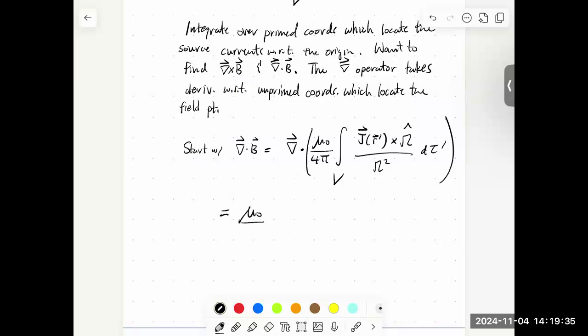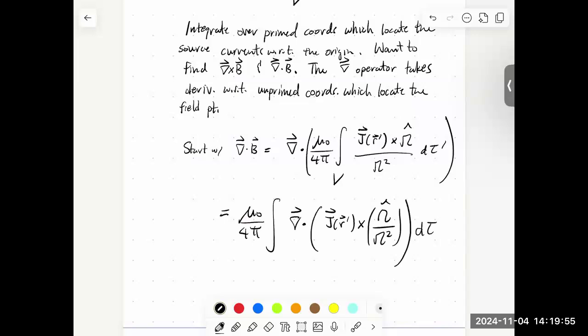This is going to be mu naught over 4 pi, the integral of the divergence of, and let me write it this way, J of r prime, cross product with r hat over r squared, d tau prime. Okay.